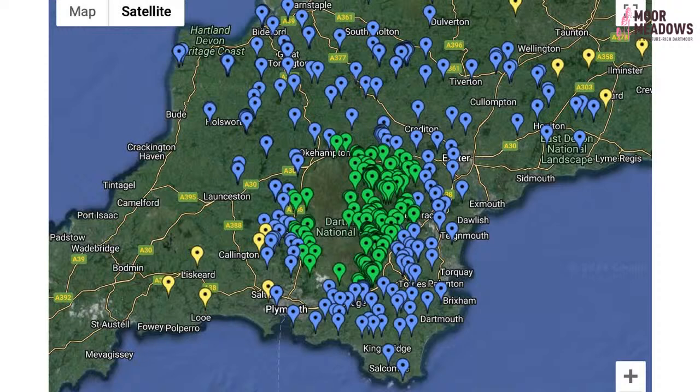One of the things about Moor Meadows that makes it really a unique organisation is that it is a collective of meadow owners that are not just farmers. There's everything here from large gardens right the way through to estates, small holdings, and people who just have a field and want to manage that for nature.